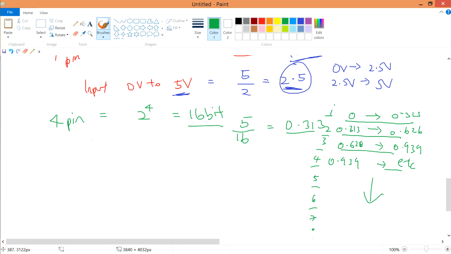If it's 6-bit, then we will have 2 to the power of 6, which is 64 levels. Therefore you can discretize the signal into more levels so that you can analyze each part of the signal better. You'll be more accurate, with better resolution and things like that.